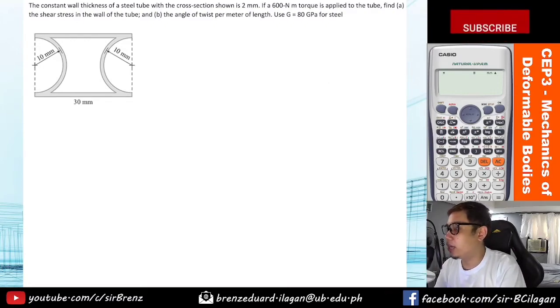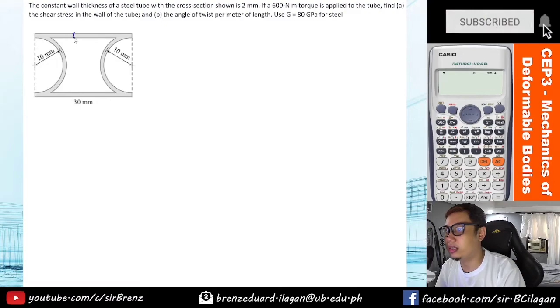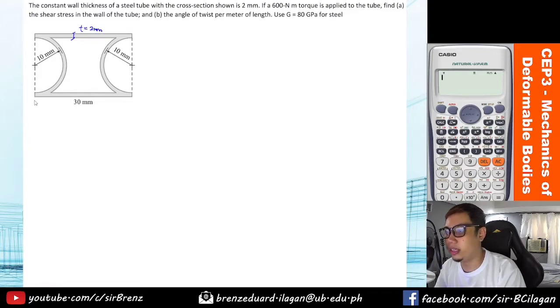Okay, so guys, given in this problem, so given guys yung thickness, so sabi sa problem, that is 2 mm for the thickness. And as shown in the figure, this is 30 mm. So most probably sa gitna lang din yan.